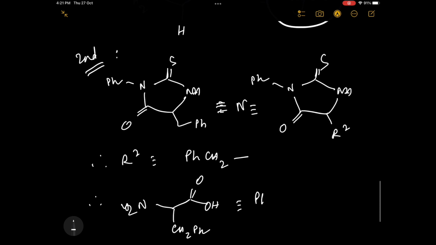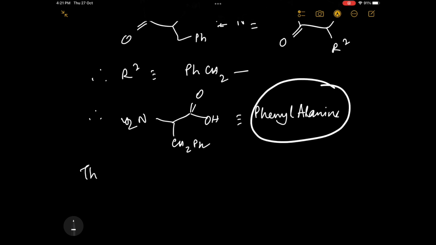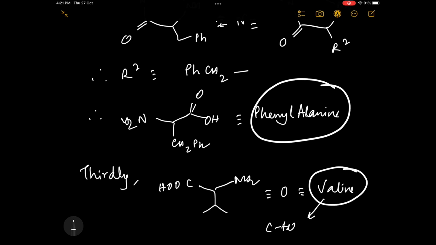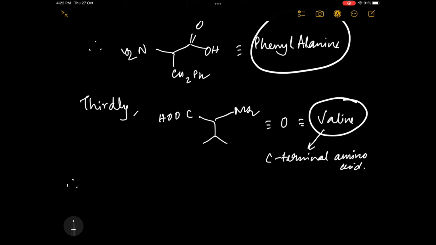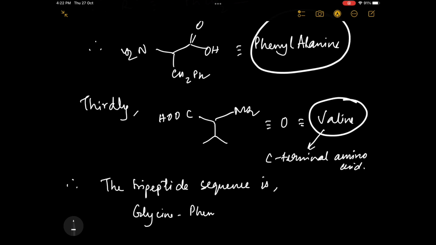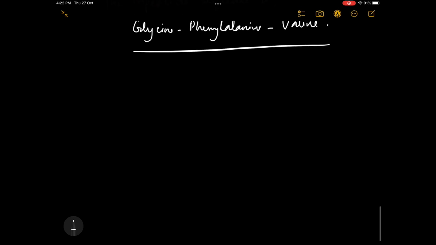So in our tripeptide, the first two amino acids from the N-terminal towards the C-terminal are glycine and then phenylalanine. Thirdly, the amino acid given to us as compound O is valine, having (CH3)2CH as the R group, which is the C-terminal amino acid. Hence the tripeptide sequence is glycine, phenylalanine, valine. With this, the answer to this question has been done.